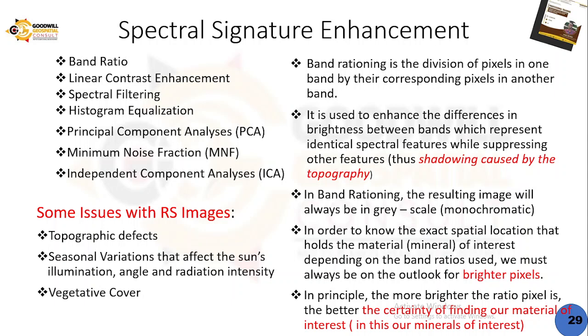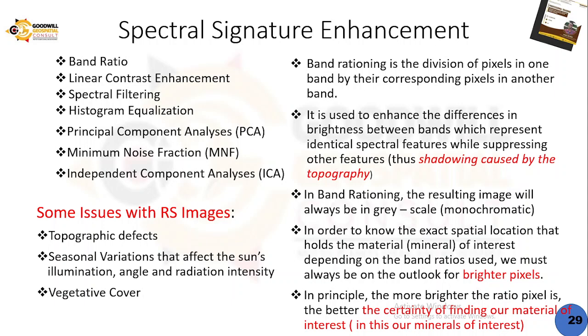Then we also have seasonal variations that affect the sun's illumination. That's the humidity, cloud cover. All these also affect remotely sensed images. The other one is vegetative cover. Sometimes we are not looking to analyze vegetation. Our materials are covered by vegetation.